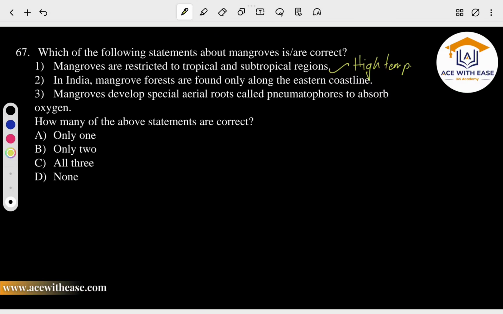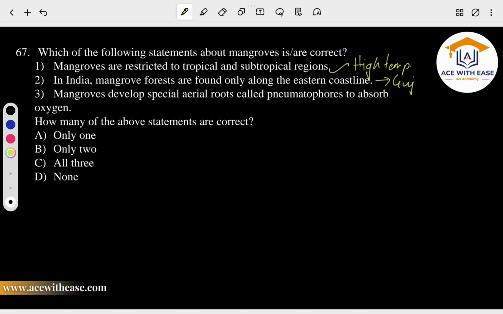Second, in India, mangrove forests are found only along the eastern coastline. No. Mangroves are not just found in the east, but also in other areas. If you have read the recent forest report, you can see that in the Gujarat region, the forest cover of mangrove is increasing.